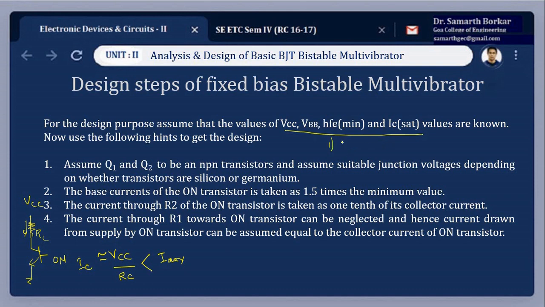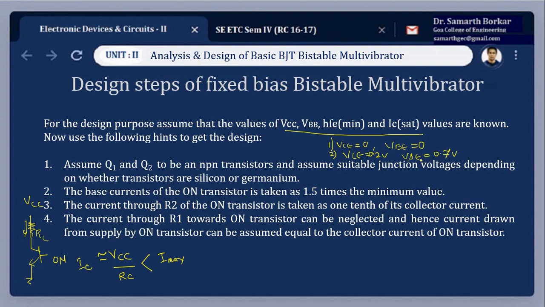In the sense, in case of ideal condition wherein we can neglect the junction voltages, we can say VCE equals 0 and VBE also equals 0. These are ideal conditions. But practically speaking, VCE is near about 0.2 volts and VBE is 0.7 volt.